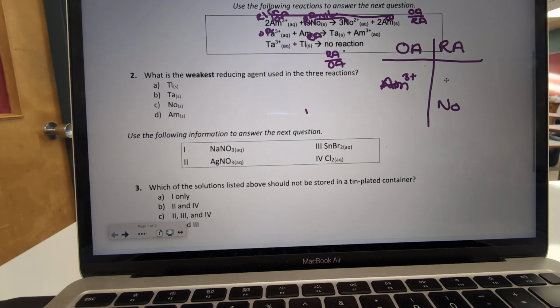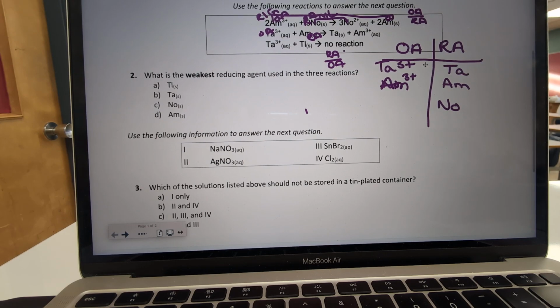Now, Am is on the table from before, so we can just fill it in as a reducing agent once it's gained electrons. And that's already on the table. And if we see products, we know the OA is above the RA. So I'll place Ta a little bit higher, and that would turn into Ta solid.